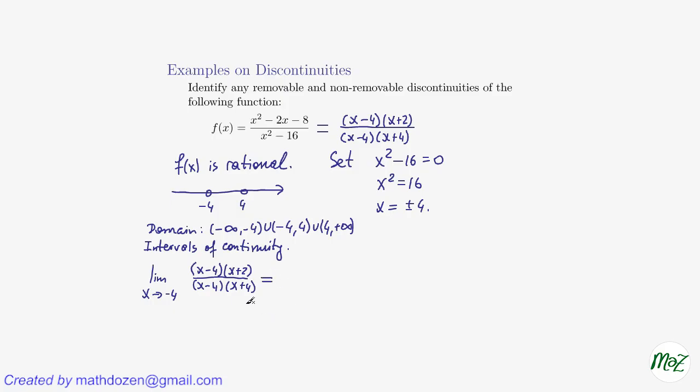Well, even though we can cancel x minus 4, we still get x plus 2 divided by x plus 4. And if we try to do direct substitution, we pretty much get an expression like -2 divided by 0.